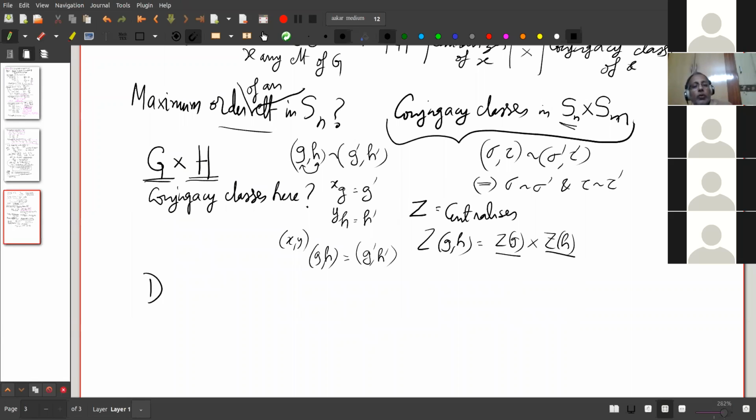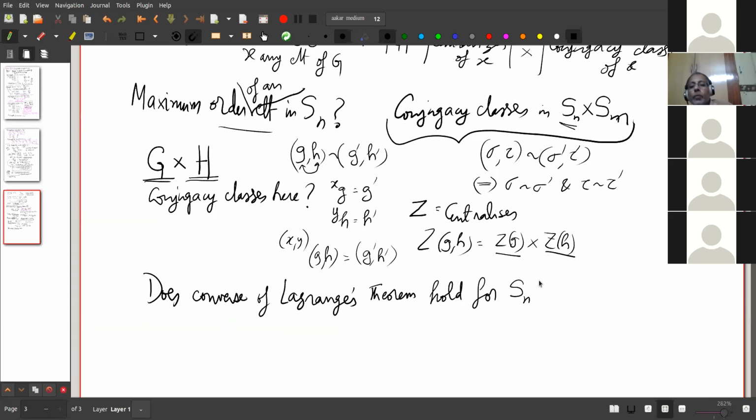So let me formulate your question like this: does the converse of Lagrange's theorem, which of course does not hold in general, hold for S_n? That's your question. It does not hold, but when is it possible to find one? Do you know why it does not hold here in S_n? Is that clear?